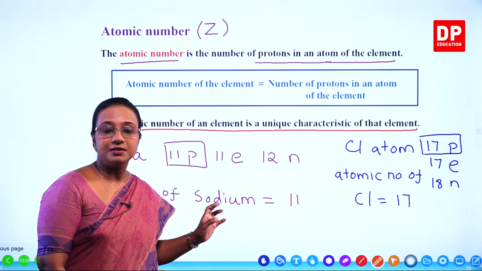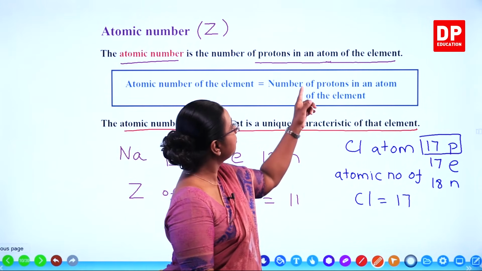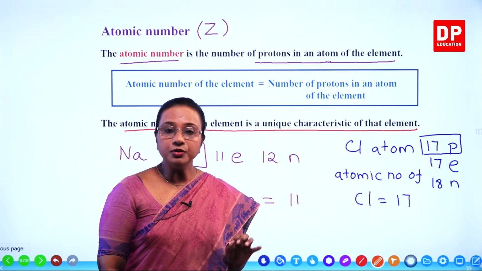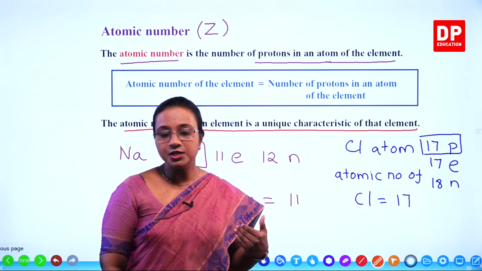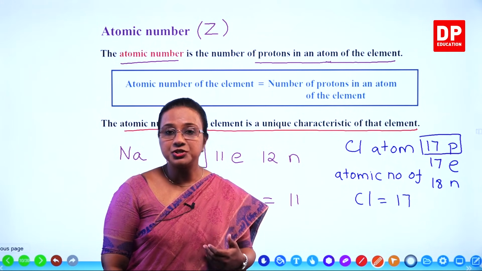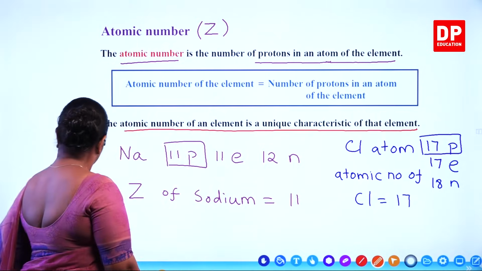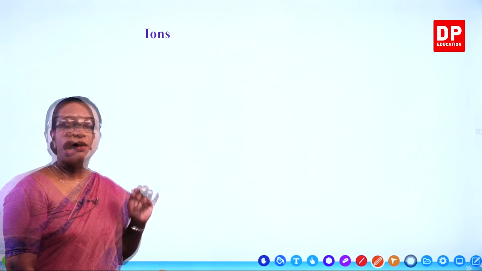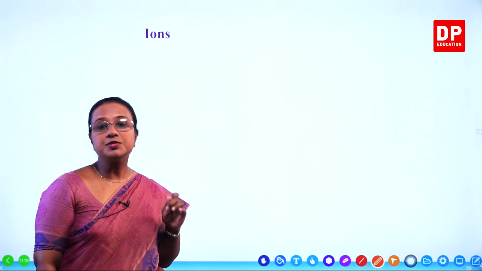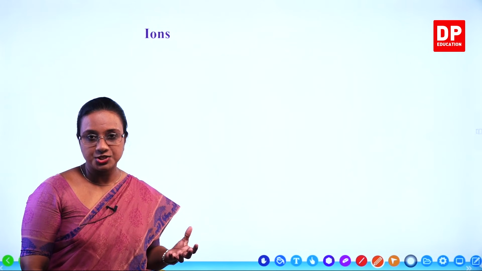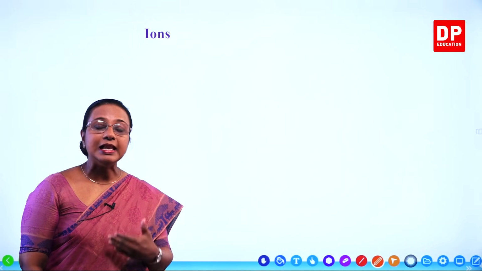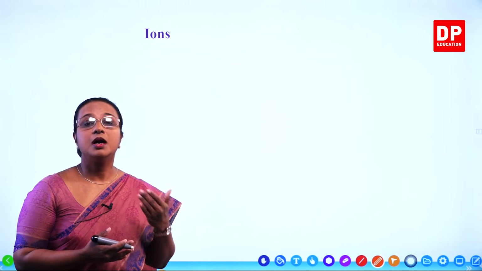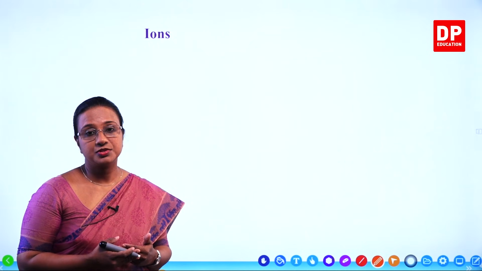Now, we will discuss why we don't define atomic number based on the number of electrons, although the number of electrons is equal to the number of protons in a neutral atom. So, for this, we look at what ions are. Ions are the atoms of an element with a charge. This happens when elements are involved in chemical reactions and the atoms form bonds, forming compounds.